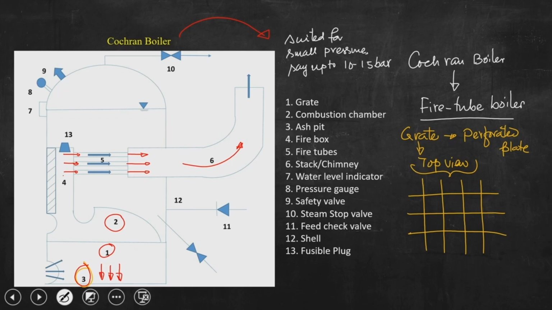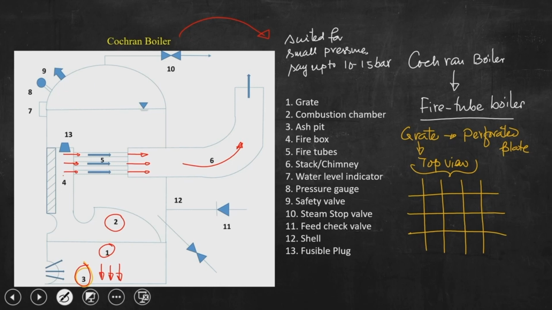Second, since high temperature flue gas is allowed to pass through the tubes while water is in the shell, to withstand the high pressure of steam, the shell diameter as well as thickness will be larger, and the system will be bulky. It may not always be possible to accommodate such a bulky arrangement inside the boiler because of space constraints, and as a result we need to restrict the application of this type of boiler typically to pressures of 10 to 15 bar.